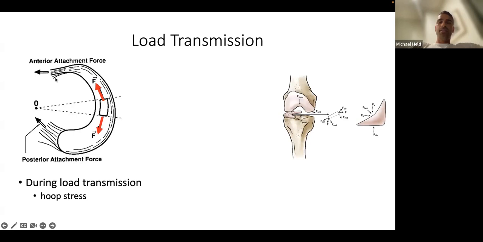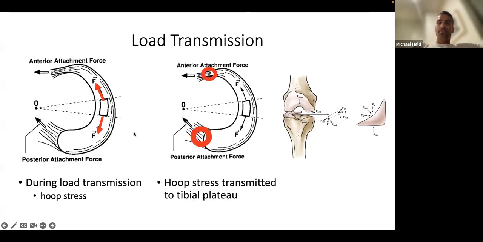So when you step on the knee, the meniscus is pushed out of the joint, but the roots are keeping it in the joint. And that load transfer is basically called a hoop stress, or the hoop stress is counteracted by the meniscal roots.